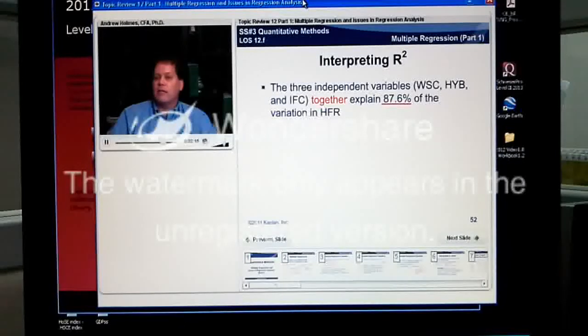So in this case, these researchers were successful in explaining 87.6% of the variation in hedge funds based on the variation in the Wilshire Index, the High Yield Bond Index, and the Emerging Market Index. That's the R squared, and its interpretation is exactly like what we would have seen in simple linear regression.